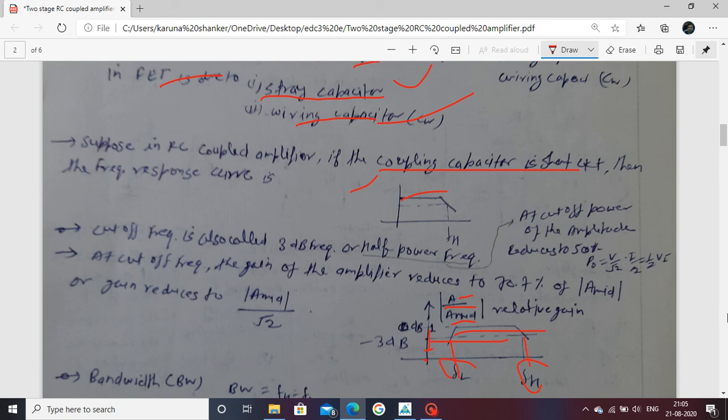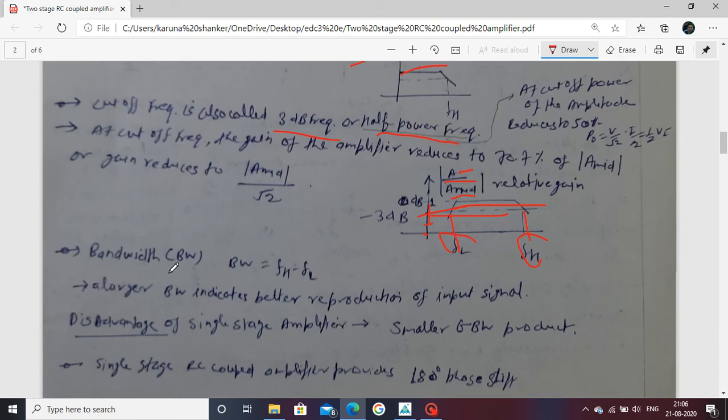Also you should understand here that the cutoff frequency is called the 3 dB frequency and the half power frequency. This shows your 3 dB frequency or half power frequency. Okay, the bandwidth is explained here: high frequency minus lower frequency.